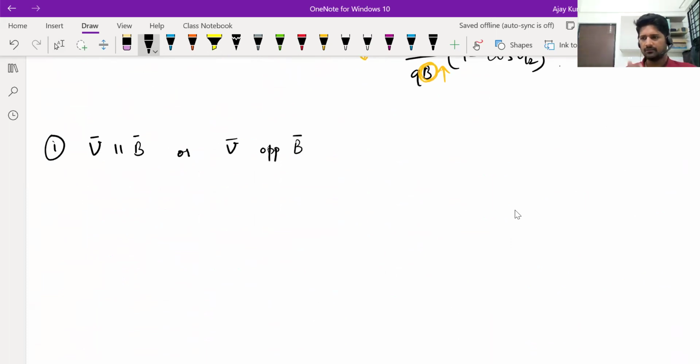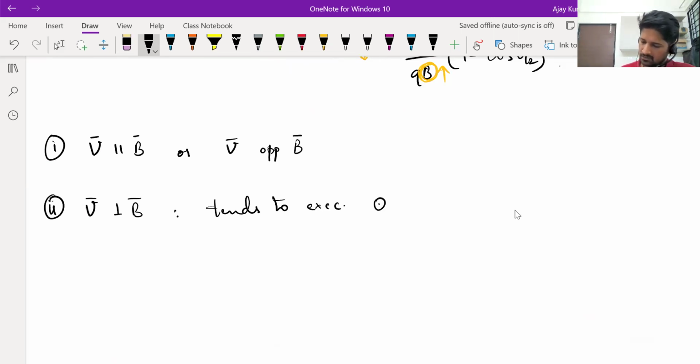In that case, v cross B becomes 0. The charge does not experience any magnetic force at all. Second case was velocity being perpendicular to the magnetic field. In this case, if the field is uniform, it tends to execute circular motion as long as it is inside the magnetic field.